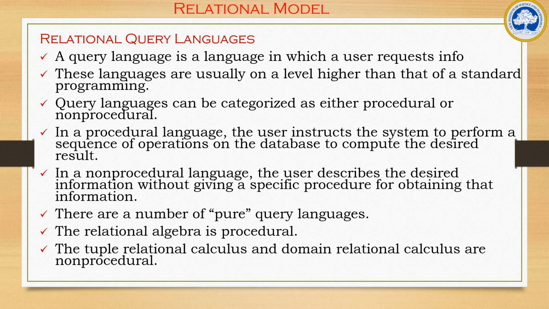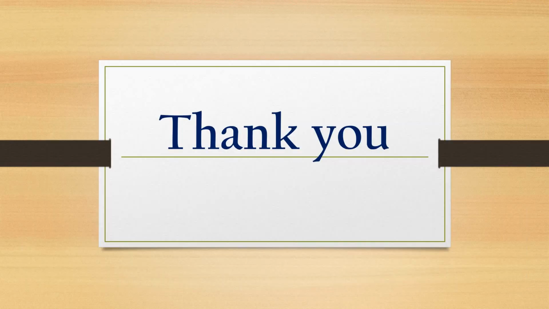There are a number of pure query languages: relational algebra is procedural, and tuple relational calculus and domain relational calculus are non-procedural languages. We will study the relational calculus languages further in the next sessions. Thank you.